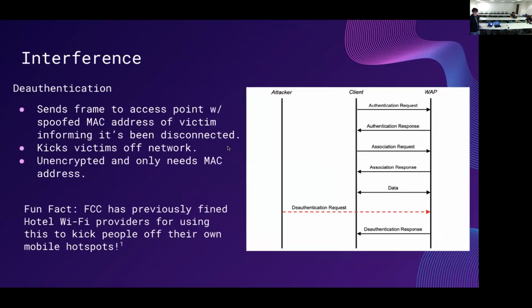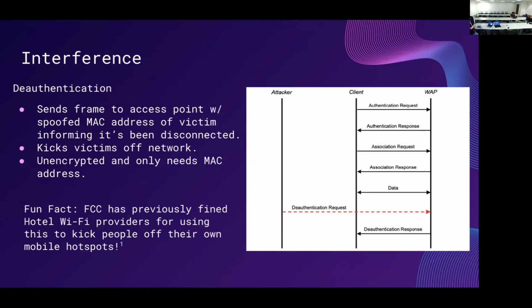Another attack is a deauthentication attack, which is a technique where you send a deauthentication packet to a device that is meant to signal, hey, you've been disconnected from the Wi-Fi network. All you need to know is the victim's MAC address.